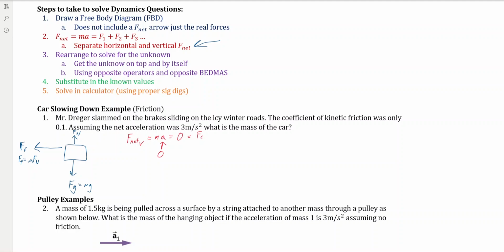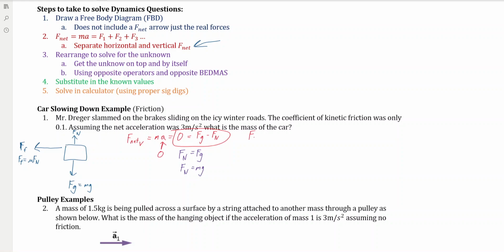In this case, it's Fg minus Fn. Looking at this, we can rearrange to solve: Fn equals Fg, and that tells you also that Fn equals mg, because Fg equals mg. Okay, that's the vertical direction.